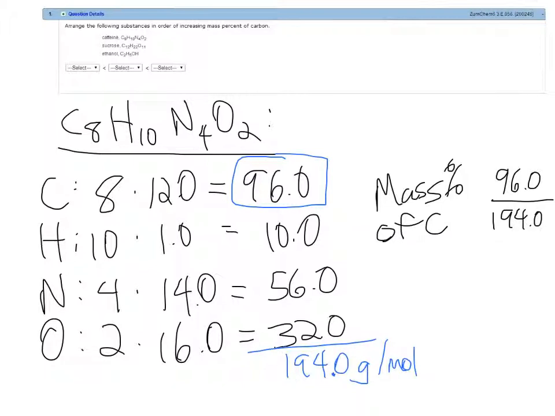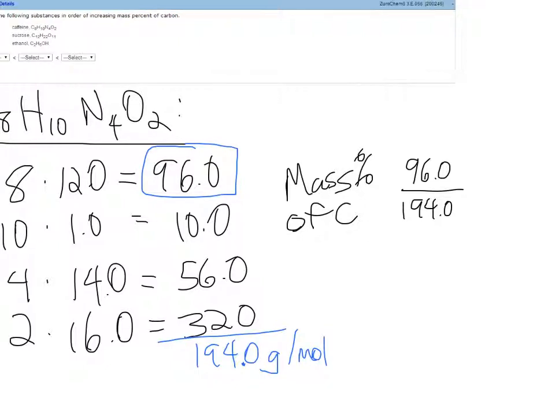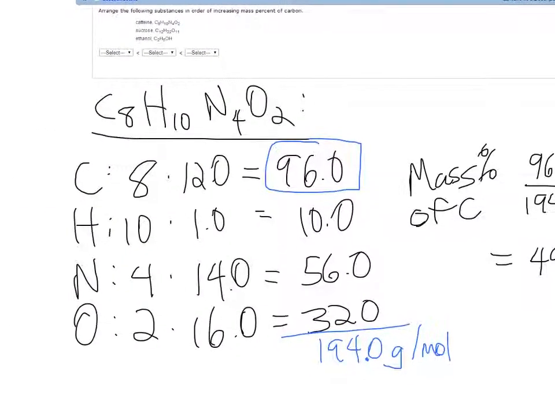So the portion of the mass due to the carbon is the 96, and the overall mass is 194. And then to make it a percentage, multiply by 100%, which mathematically doesn't change anything. So if you work that out, it becomes 49.5%. So for the caffeine, the mass percent of carbon is 49.5%.